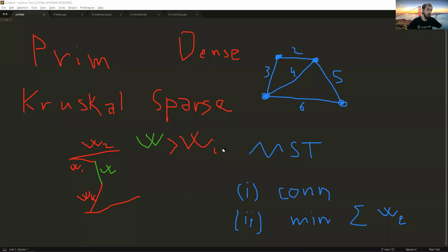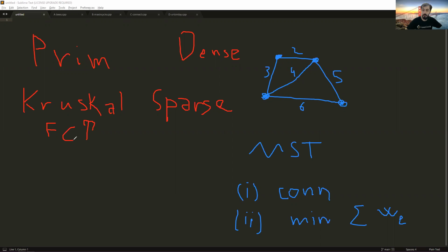What we do instead in the proof is the following. We prove by induction the following claim. Suppose at some given moment in time, Kruskal's algorithm produces some subset of edges called capital F. We will prove that there is an MST containing all of these edges.